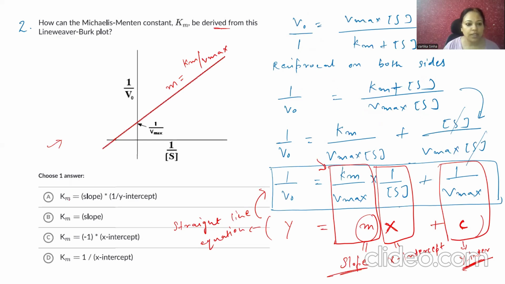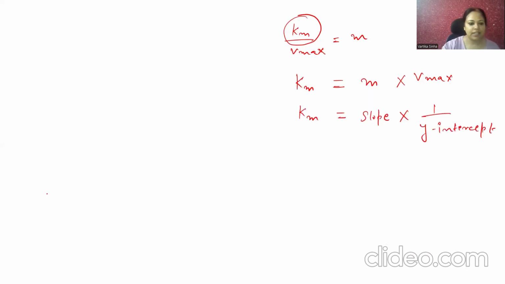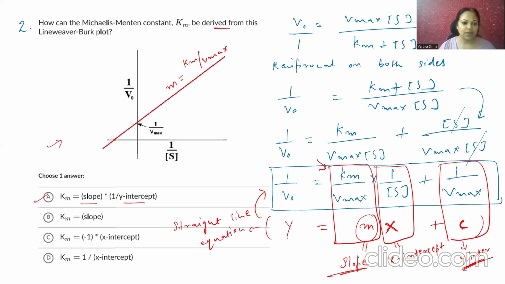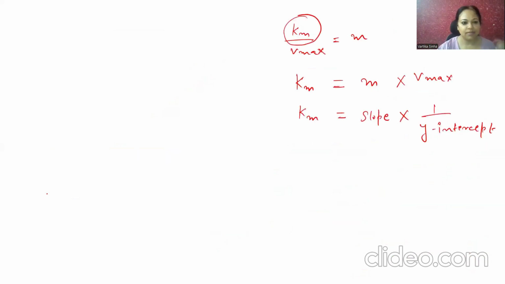Because the options given in the question are not in terms of m and c, they are in terms of slope and y-intercept. So I think A will be the correct answer, and yes, A is the correct answer to this question. It was very simple, right? My advice to all of you is that whenever you are dealing with equations, note down the equation, understand the meaning, and just do it, and you will be done.